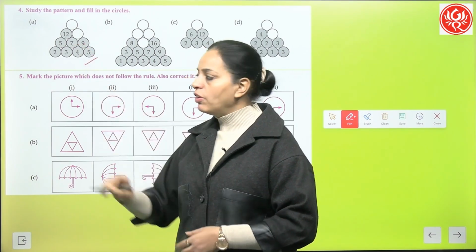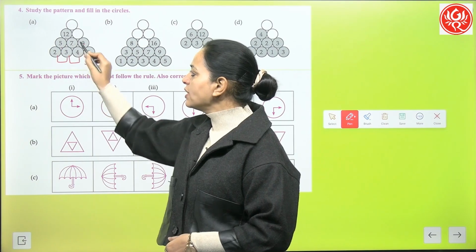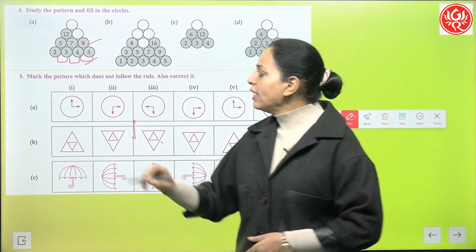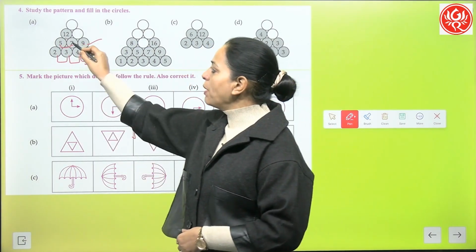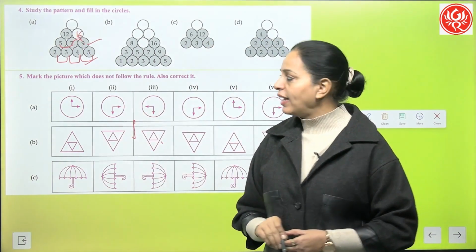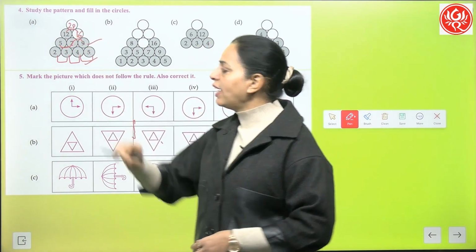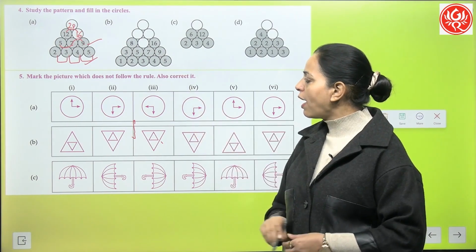This is 12. 2 plus 3, 5. 3 plus 4, 7. 4 plus 5, 9. Okay. Then 5 plus 7, 12. 7 plus 9, that is 16. And then 12 plus 16, that is 28. Very interesting. Similarly, you can try B part.